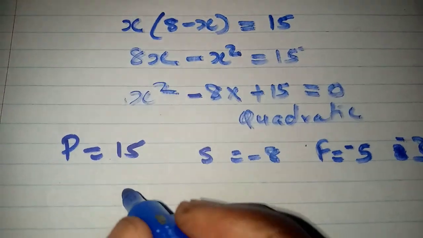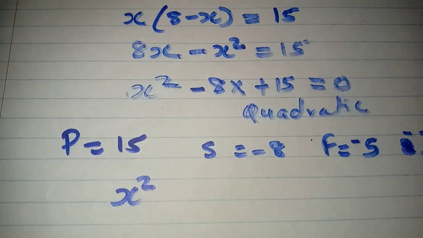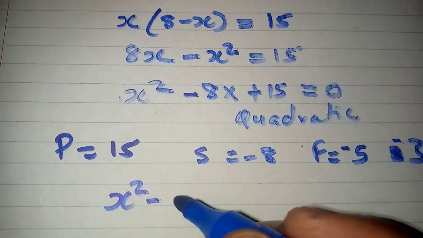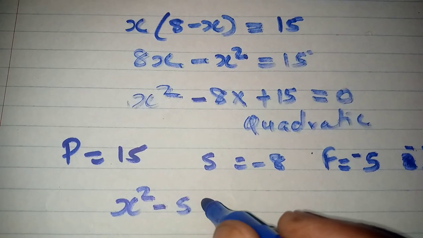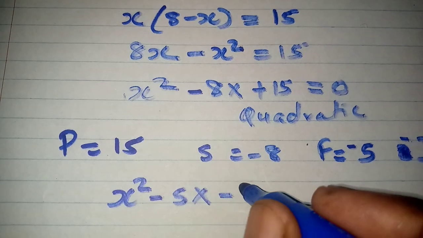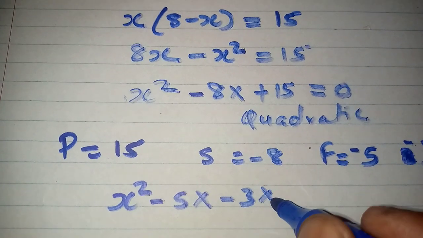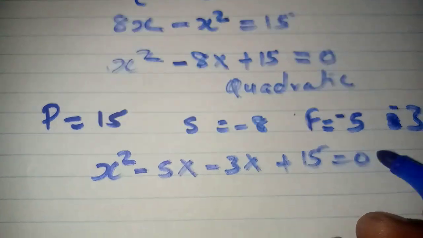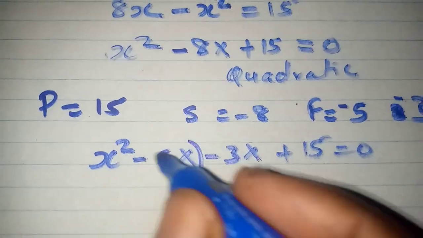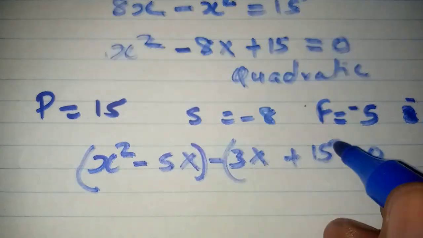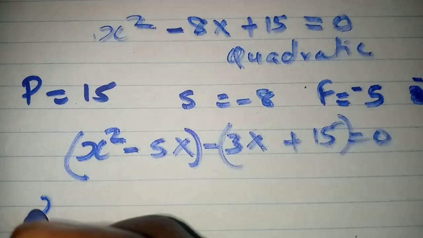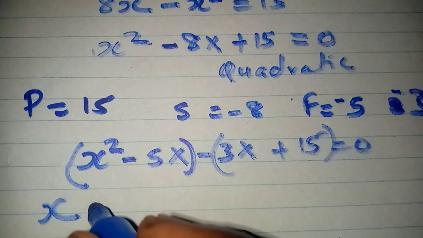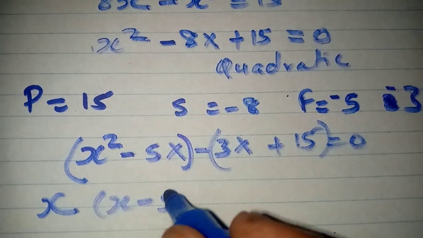Then replacing them in my quadratic equation, it will be x squared minus 5x minus 3x plus 15 equals 0. I'll do grouping, and then I'll factor out x, leaving x minus 5.